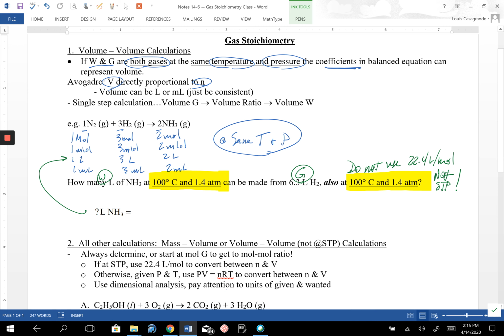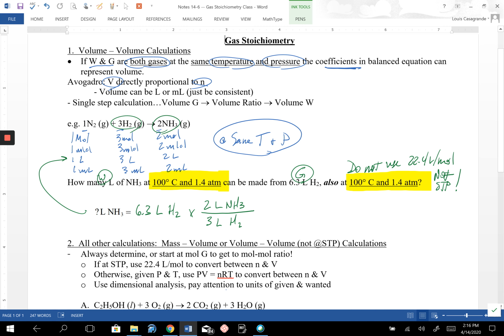So the liters of ammonia, we're going to start off with our 6.3 liters of hydrogen gas. And now our ratio, instead of being mole to mole, we want liters of ammonia, so go up to the 2 up here, 2 liters of ammonia. And we have hydrogen, so let's go to the 3 liters of hydrogen here.